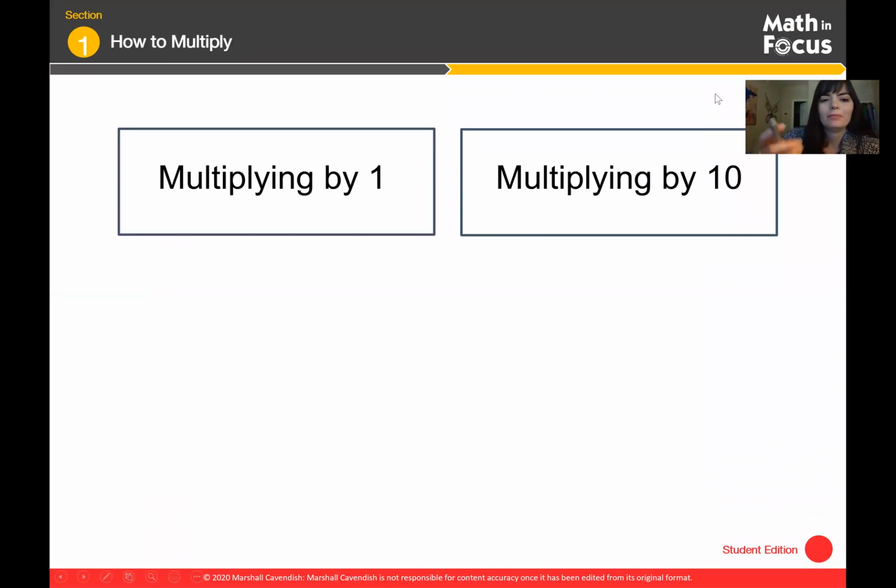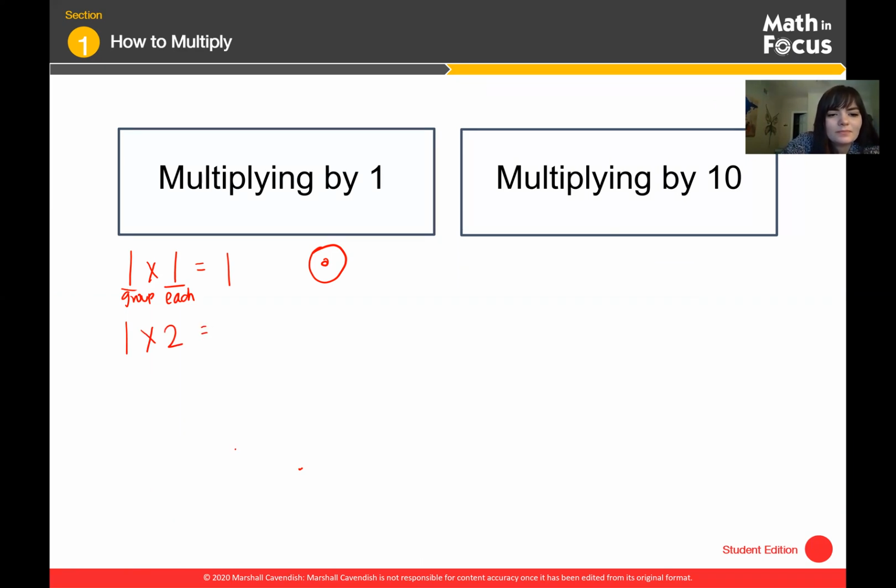Okay, multiplying by 1. If I do 1 times 1, it's going to be 1. Why? Because I have one group. And what do I have in the group? 1. 1 times 1 is 1. What about 1 times 2? Well, one group with 2 in it, how many do I have total? 2.